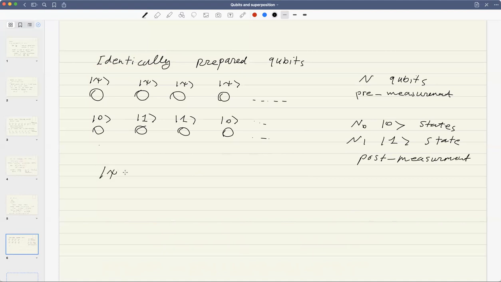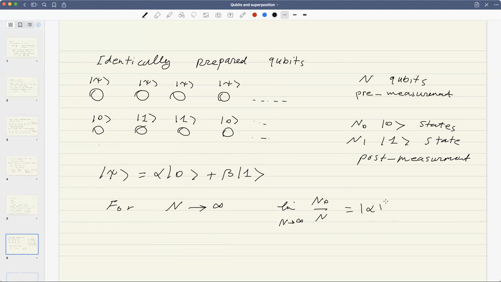And again, we're saying psi is alpha 0 plus beta 1. What the probabilities mean is that for very large n, if I repeat that experiment many, many times, if I have a very large number of these identically prepared qubits, then essentially the limit of n0 over n when n goes to infinity is the probability of finding a 0, and that's going to be my absolute value of alpha squared.